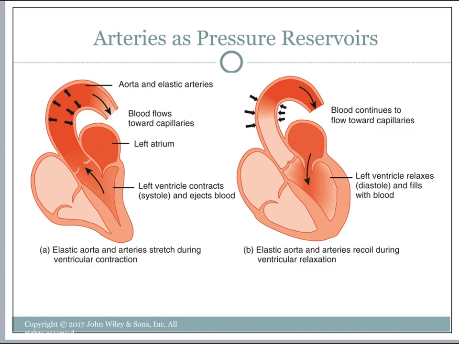Now, that artery has to be able to recoil elastically and resist that pressure. So elastic aorta and arteries recoil during ventricular relaxation. During ventricular contraction, the artery is going to stretch and then come back to its original size.